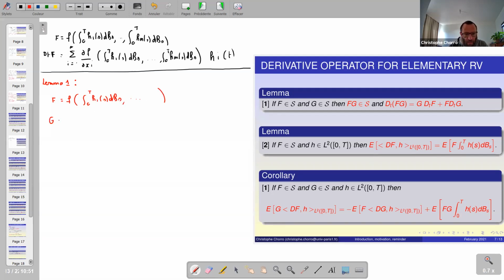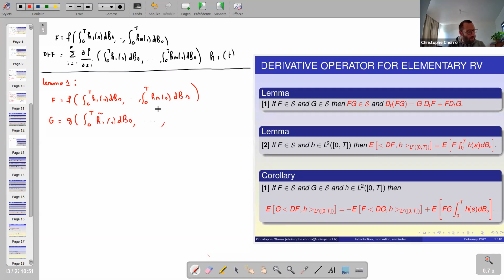And J, I can write in this way, as a function of the integrals of H1 tilde of s dBs and so on.